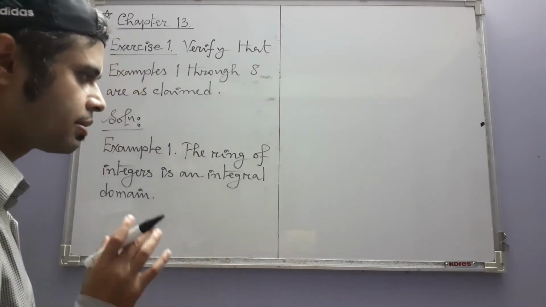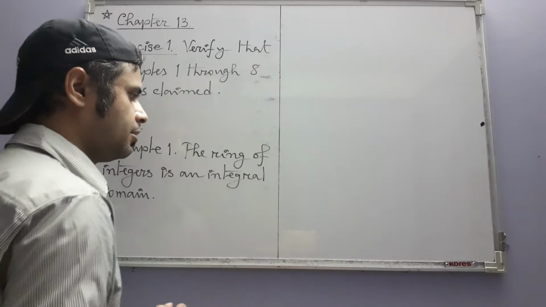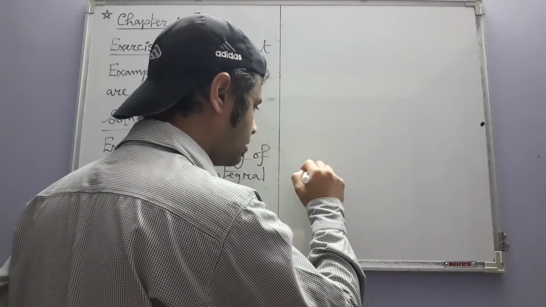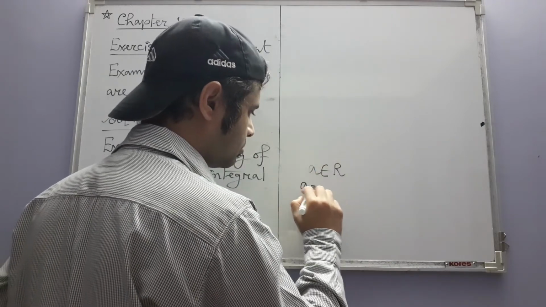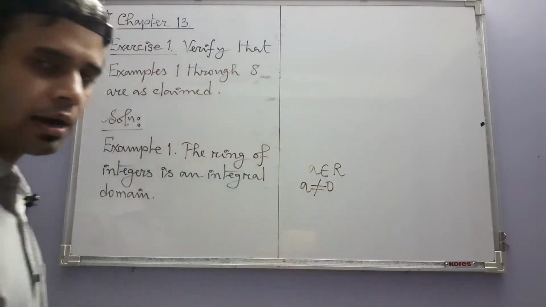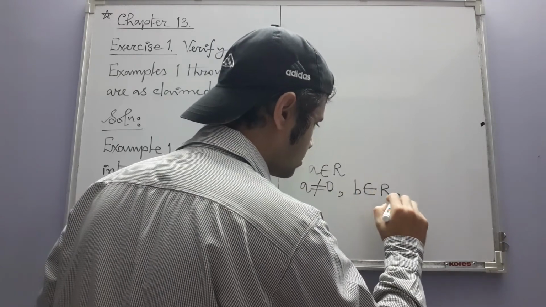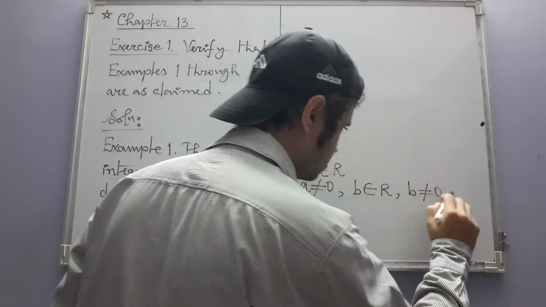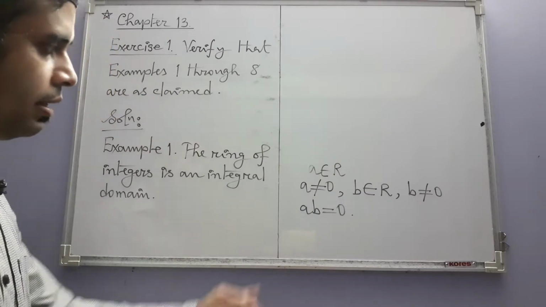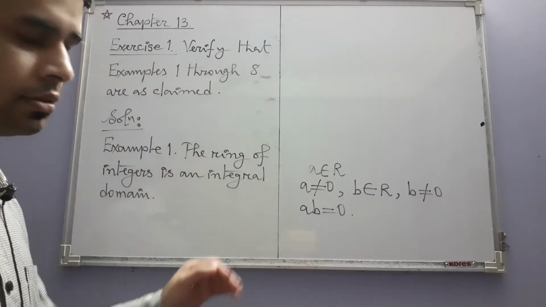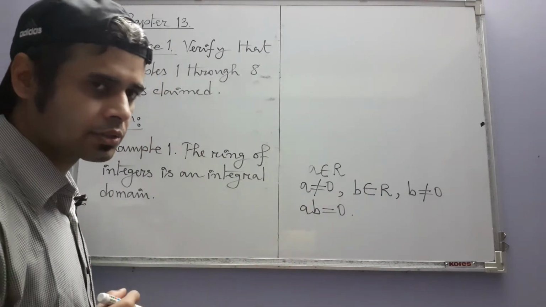An integral domain is a commutative ring with unity which has no zero divisors, and a zero divisor in a commutative ring, say R is a commutative ring and A is a non-zero element in R. If we can find an element B in R which is also non-zero, such that AB is equal to 0, then we will say that A is a zero divisor in R. This B may or may not be equal to A itself.